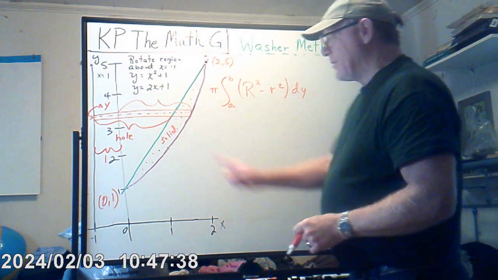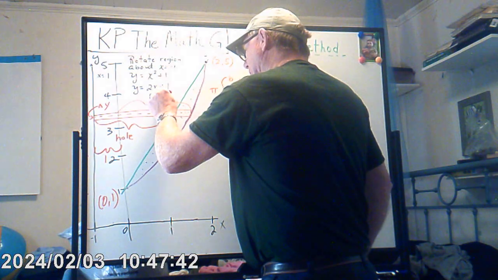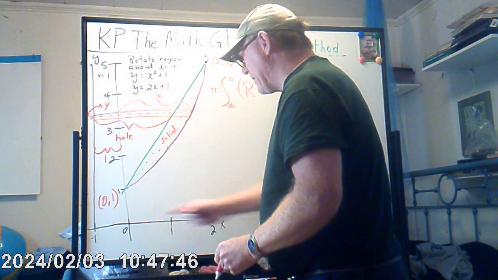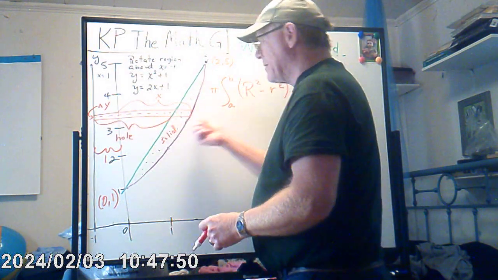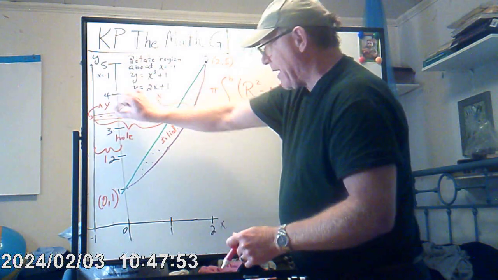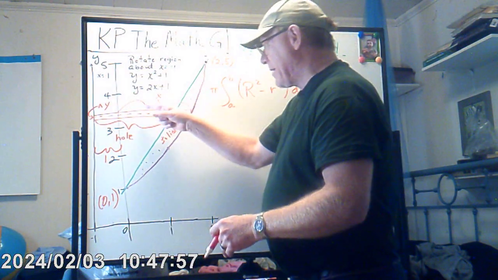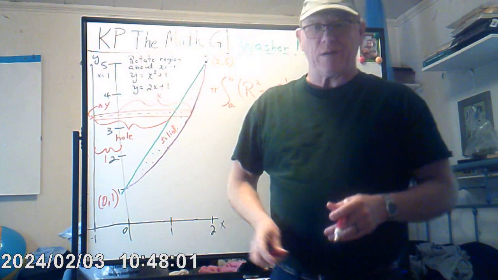Okay, this distance right here from here to here is x, isn't it? We're going along parallel to the x-axis. This is the x distance. Anytime you are looking at this isointerval that is parallel to the x-axis, you're going to say this is x. Well, these are y's. We got to solve for x, don't we?